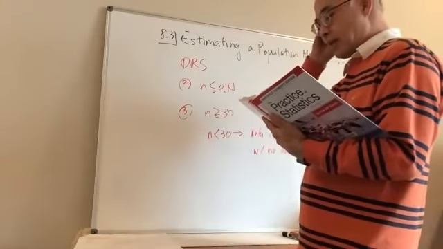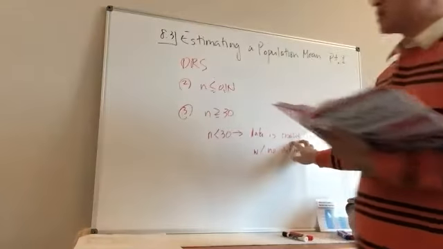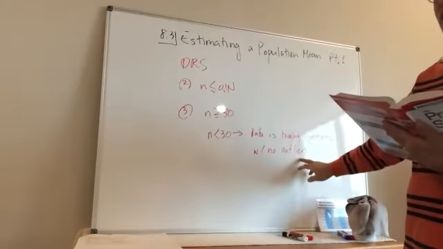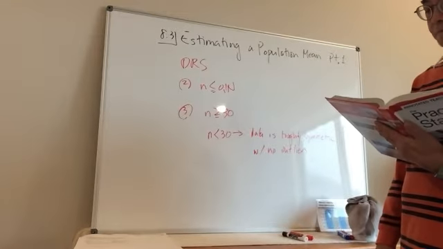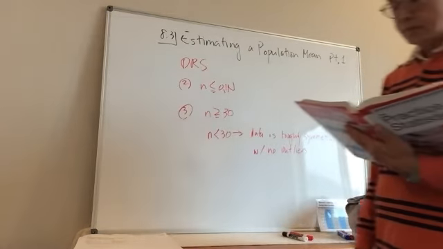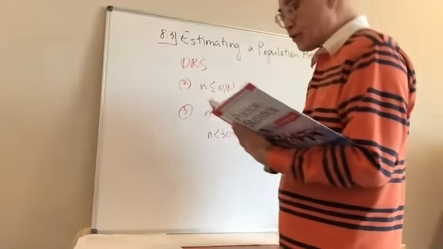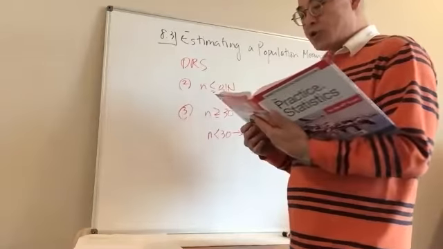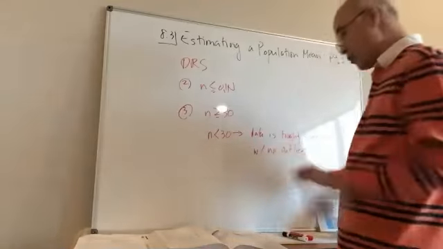Assessing the normality means that if it's roughly symmetric and there are no outliers, we're going to assume that it is normal. Okay? So it also says, do not use the t procedures if the graph shows strong skewness or outliers, right? So it has to be roughly symmetric with no outliers.